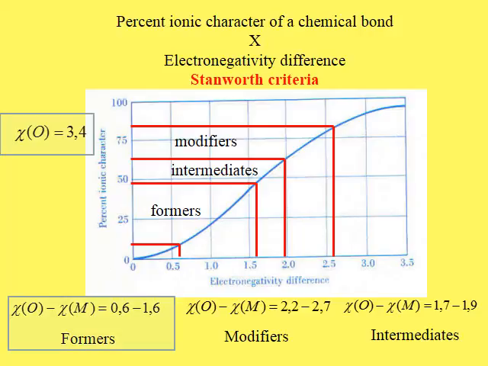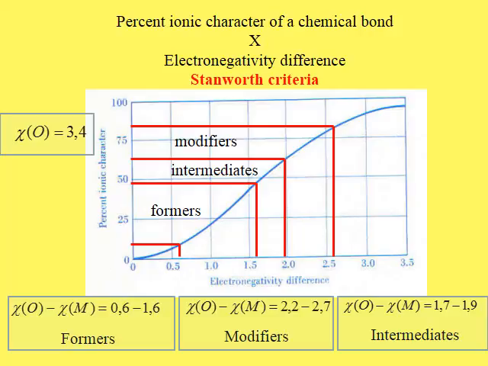Formers will be the substances where the difference between the electronegativity of the oxygen and the metal falls in the range of 0.6 to 1.6. Modifiers will be those with values between 2.2 and 2.7, and intermediates those with values between 1.7 and 1.9.